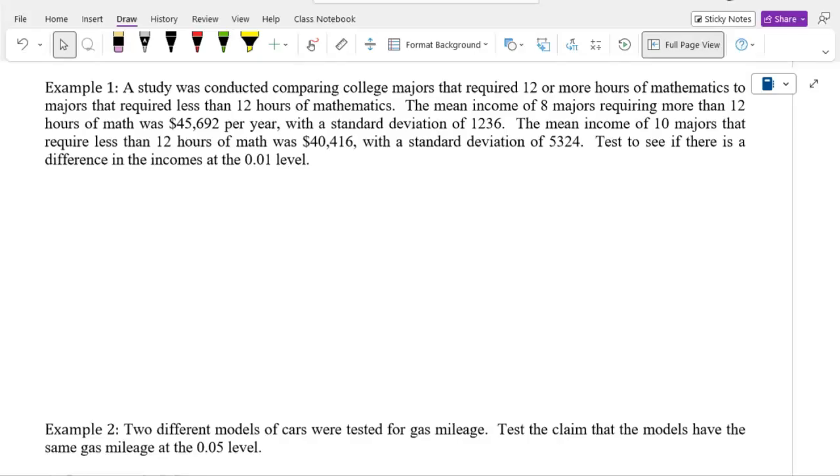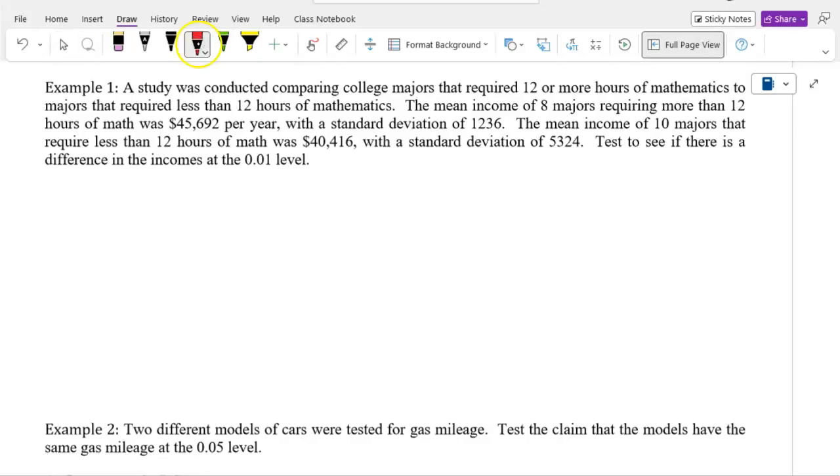The mean income of 8 majors requiring more than 12 hours of math was $45,692 per year, with a standard deviation of 1,236. The mean income of 10 majors that require less than 12 hours of math was $40,416, with a standard deviation of 5,324. Test to see if there is a difference in the incomes at a 0.01 level.